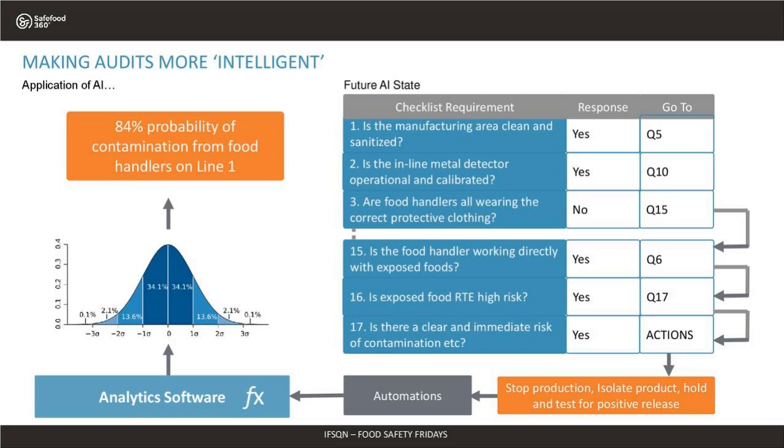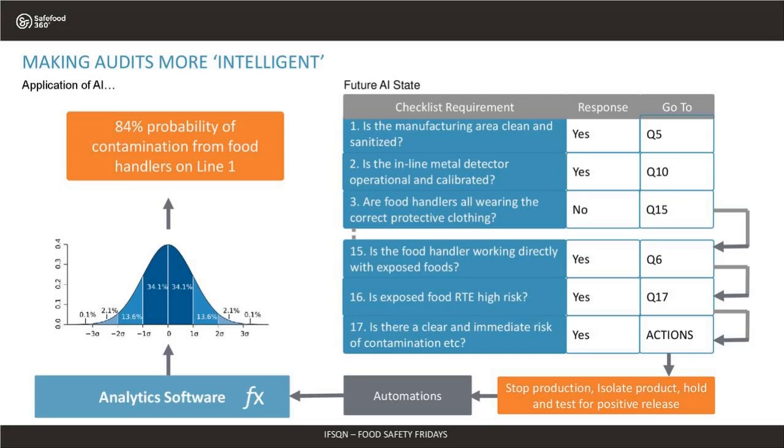So if over time your audits start to produce results that lead to an adverse outcome, such as product failing microbiological tests or a recall, you arguably can, by analyzing that data over time, figure out what the concrete inputs or conditions were that led to that failure. And with the appropriate analytical software and valid algorithms, you can start to calibrate the probability of that happening.